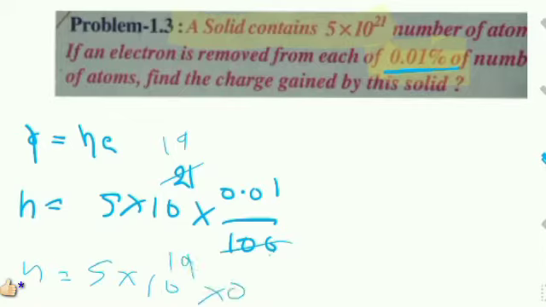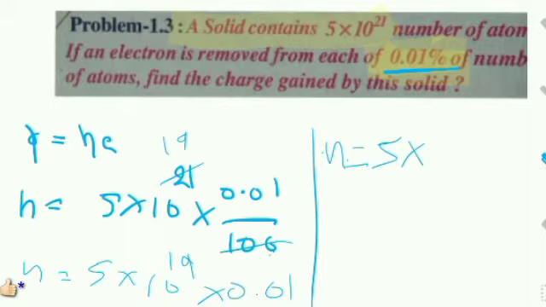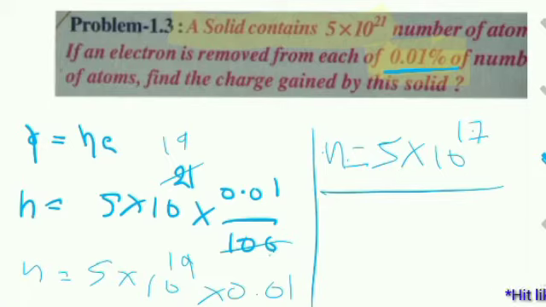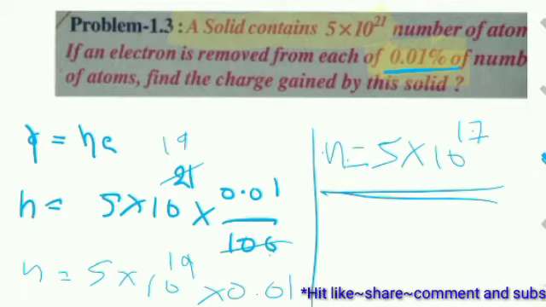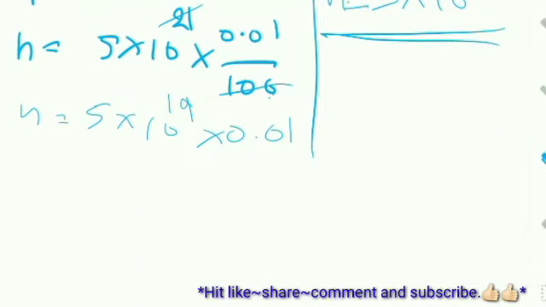Into 0.01. Now N is equal to 5 into 10 to the power of 17, as two digits are removed. These electrons are removed from the solid.